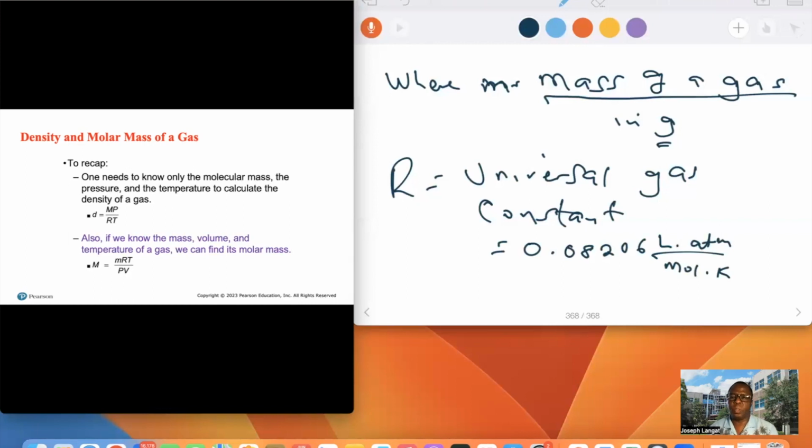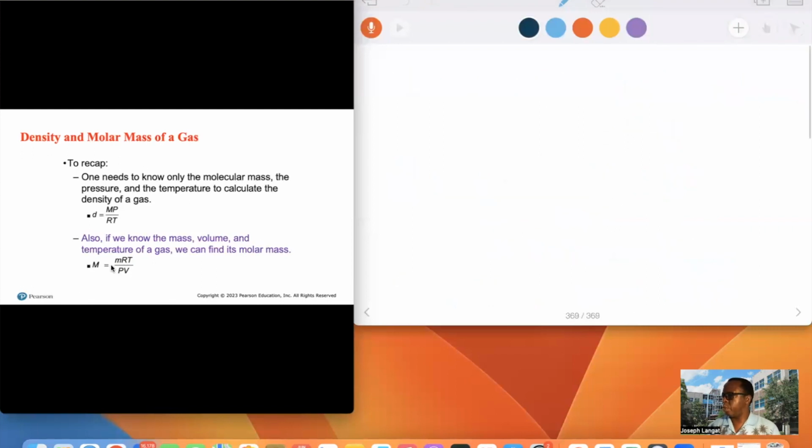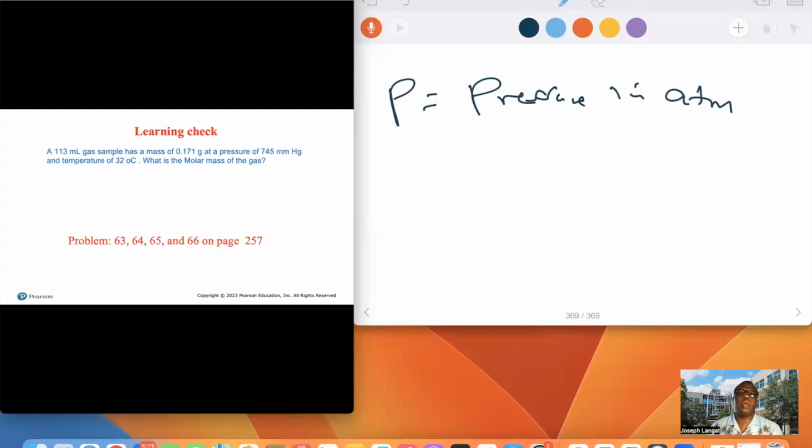So you should know that temperature T is in Kelvin. Because of the units of R, pressure has to be in atmospheres, and the rest is just plugged into the equation to get the molar mass of a gas.